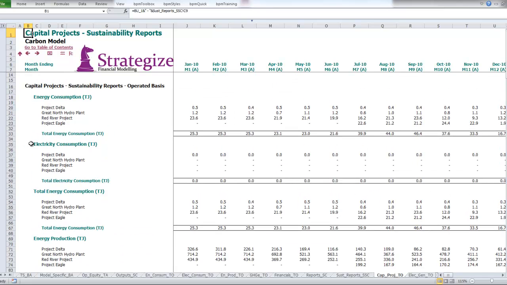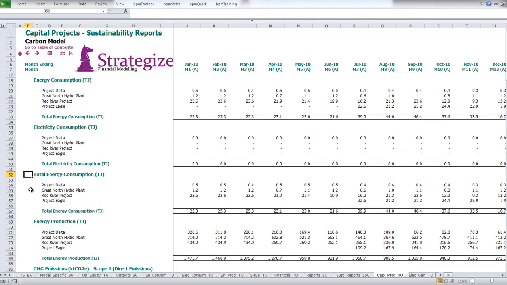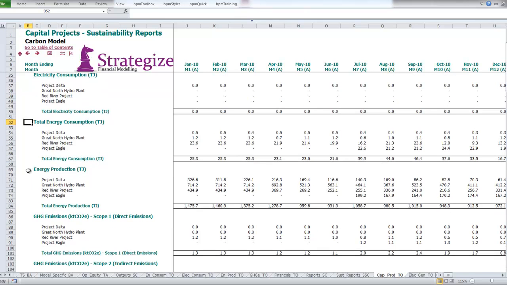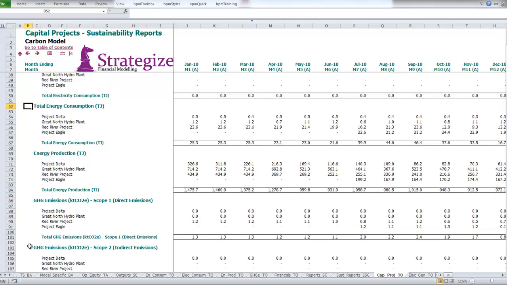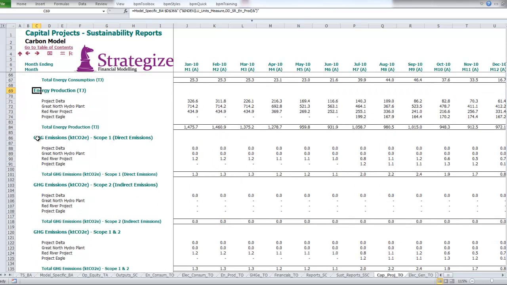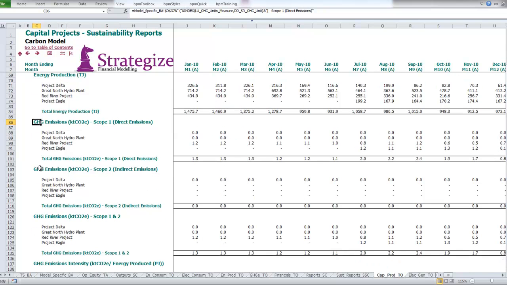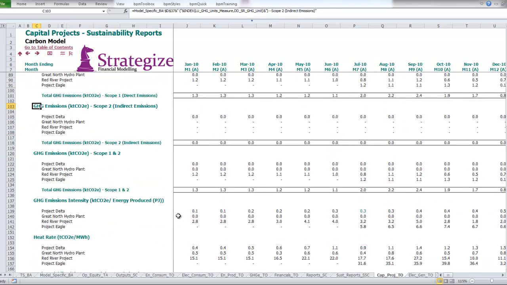As you can see, we've got energy consumption, electricity consumption, total energy consumption, which obviously will drive out scope 1 direct emissions, energy production, scope 1, then scope 1 emissions, scope 2 emissions, which is electricity purchased from the grid, then our overall emissions, scope 1 and 2.